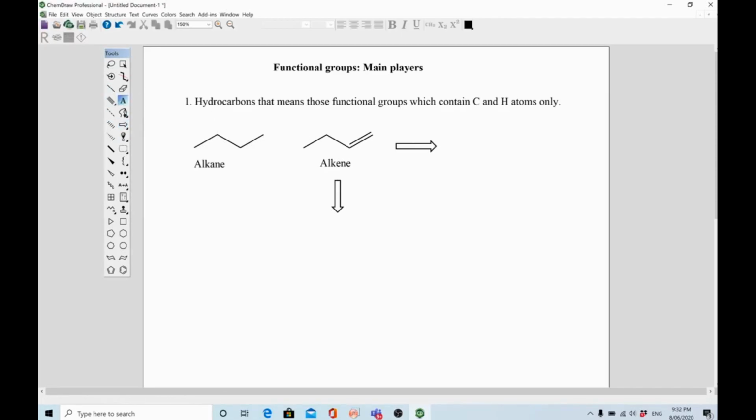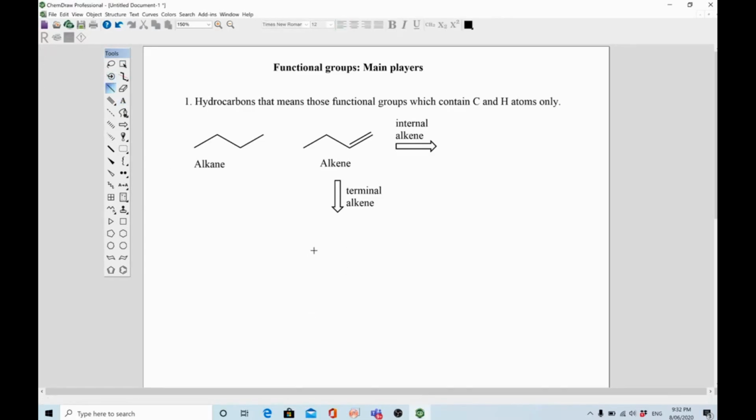So internal alkene and terminal alkene, and alkenes also can be cis and trans or E and Z. This is the stereochemistry of alkenes.